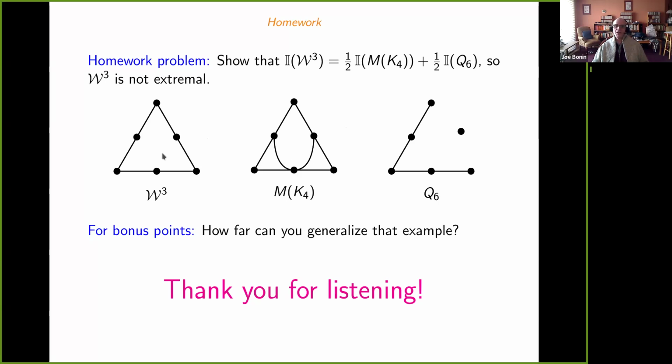You're relaxing one of the circuit hyperplanes. If you relax another one, you get this matroid Q6. It's a good little exercise to show that the indicator function of the three-whirl is actually the average of these other two indicator functions. So that shows that the three-whirl is not extreme.